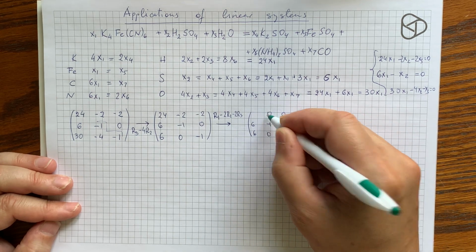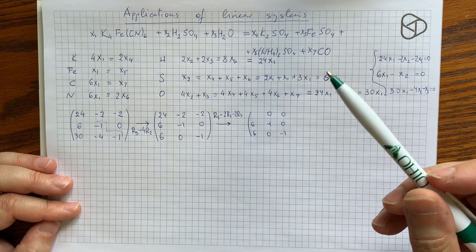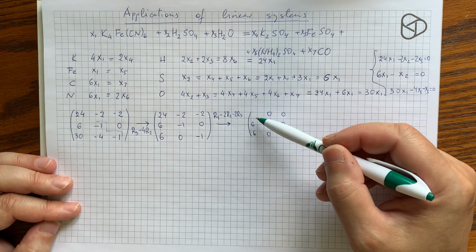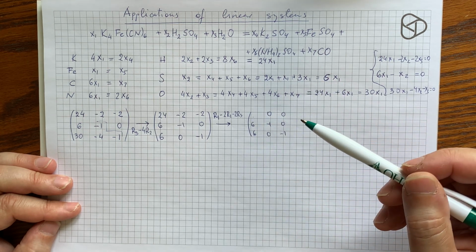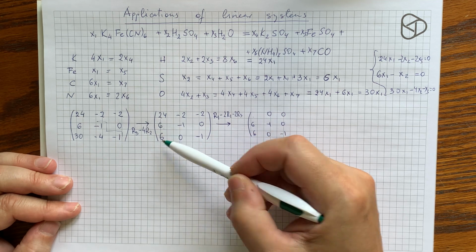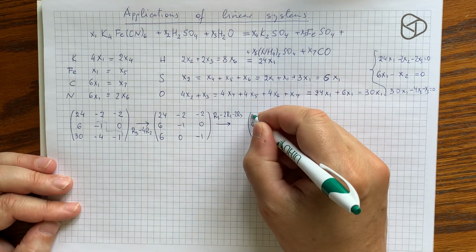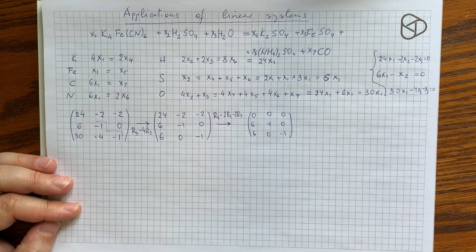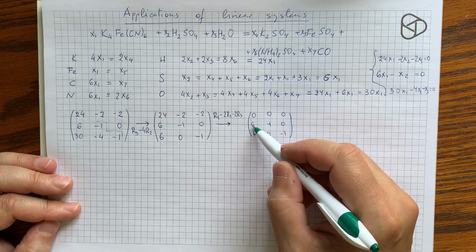Then I'll have 0 and 0, and what I'll have in the first position of the first row is 24 without twice this and without twice this again. So that is again a perfect 0, and it means that my system will have a one-parameter solution. It will have a solution expressible in terms of x1 only.